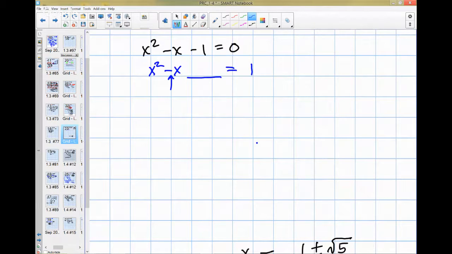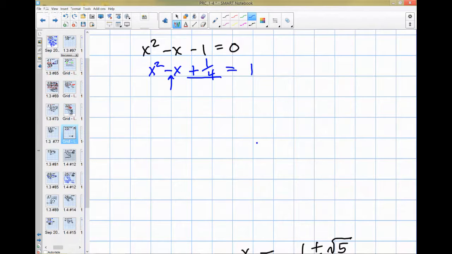Take half of it. What's half of 1? 1/2. And now one more step. Take that and square it. Squared, 1/4. That's the perfect thing to add to make that left side a perfect square.